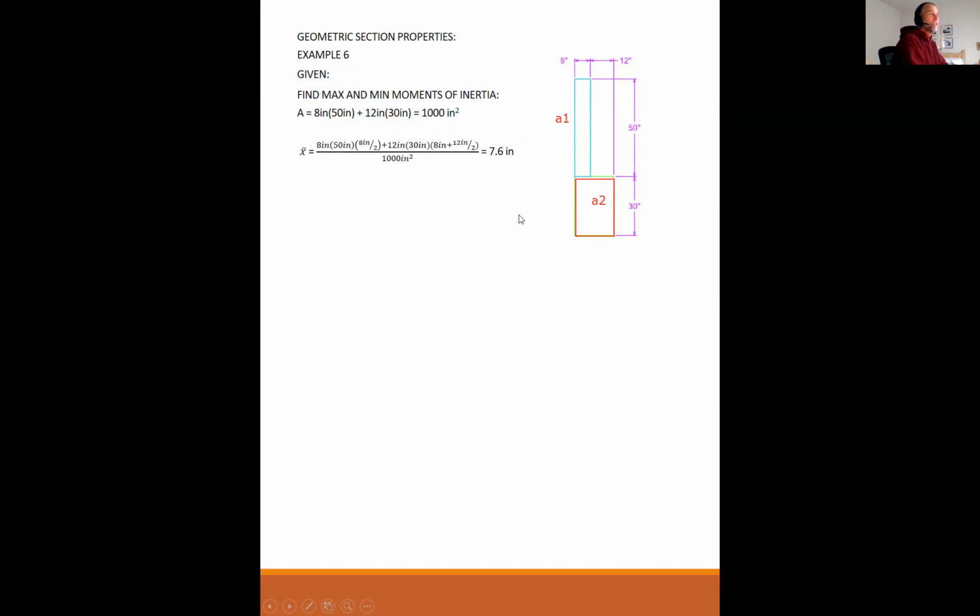But anyway, you guys know how to find the center of gravity. It's the average of the 1 and the 2 over the total area. And the same typo is going to be pervasive. But in the y direction, I've got 8 times 50 times half of 50, which gets me to the center, plus 20 times 30 times 30 over 2, which gets me to the center, and that center of gravity is 31.0 inches.